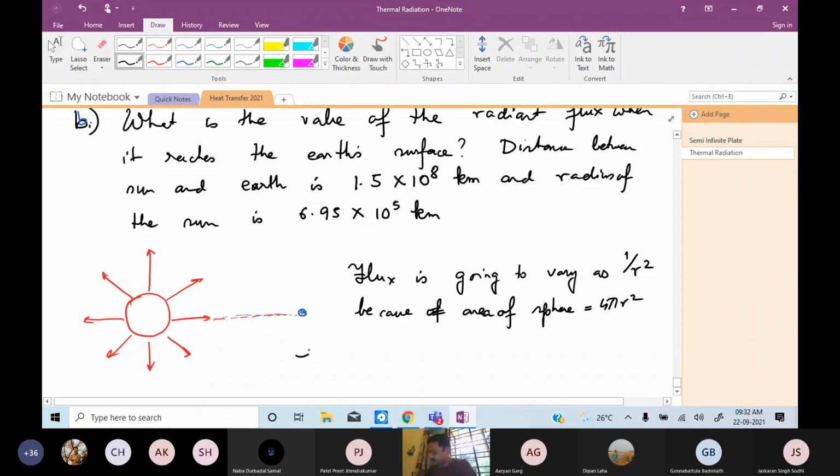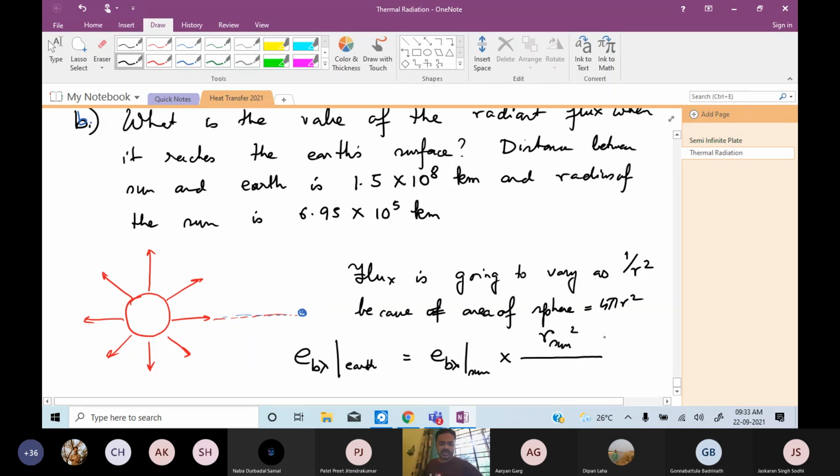Okay, so therefore E_b lambda at Earth's surface is equal to E_b lambda sun times R sun squared divided by, whether it's R plus D.